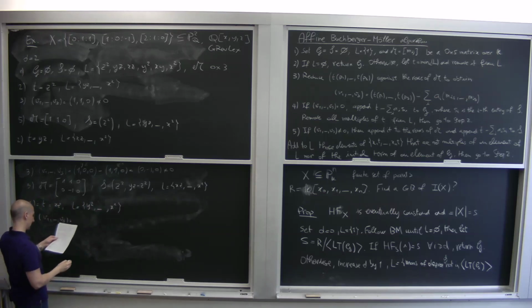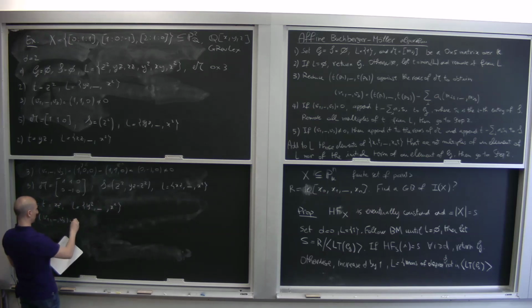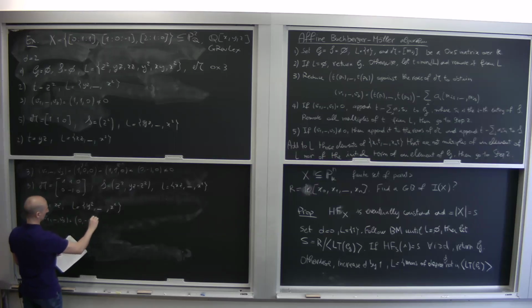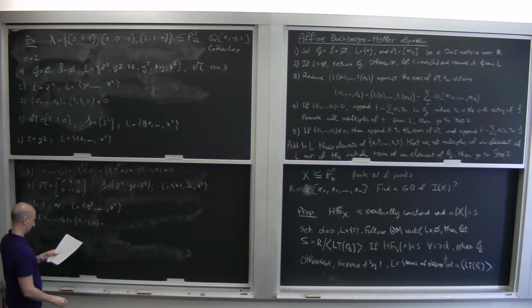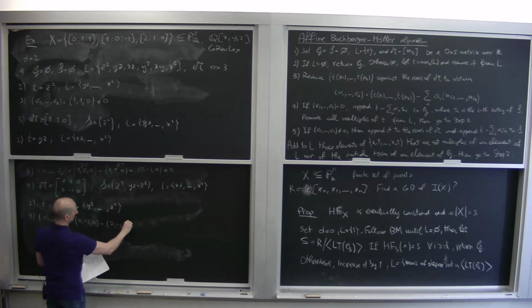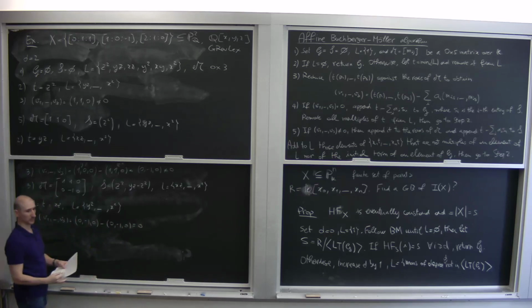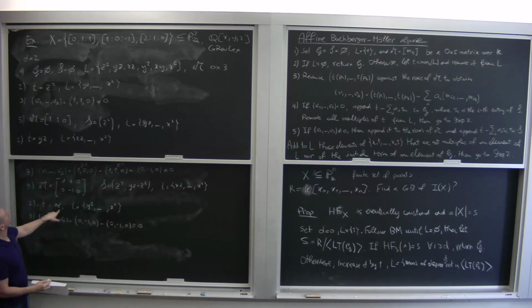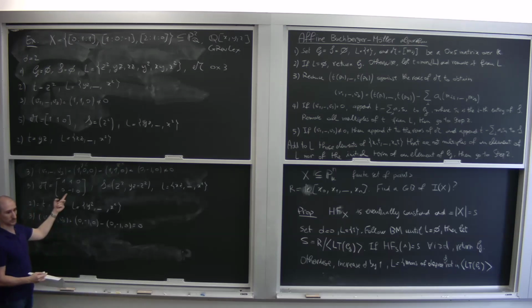XZ here is 0 minus 1, 0. Actually, sorry, we get an element of the Gröbner basis, right? Because am I doing this right? XZ, 0 minus 1, 0. Yes, and we already have this row. So we actually get something in the Gröbner basis.